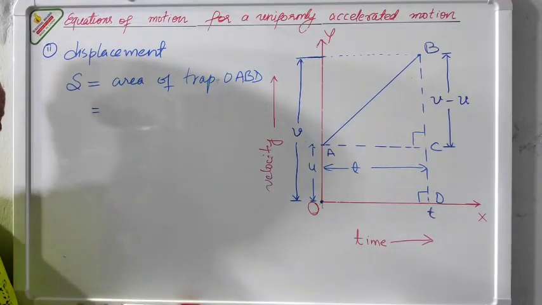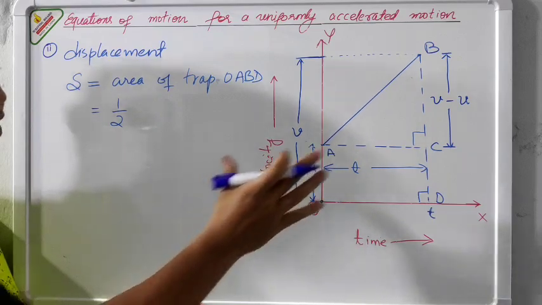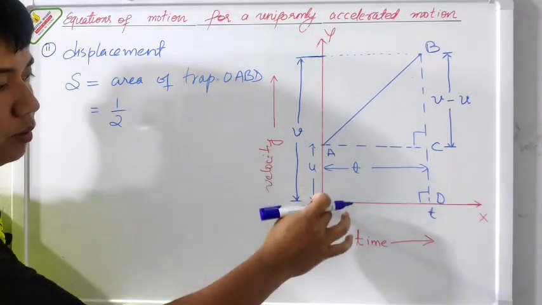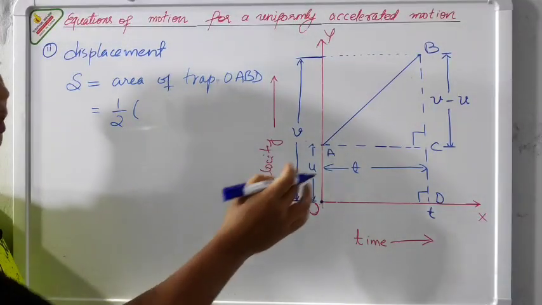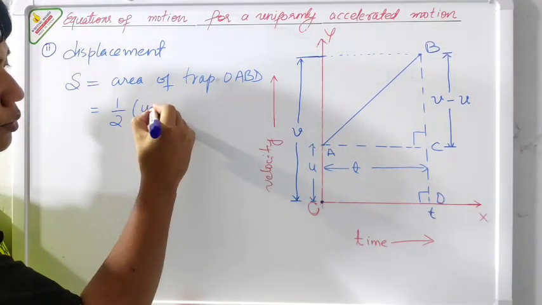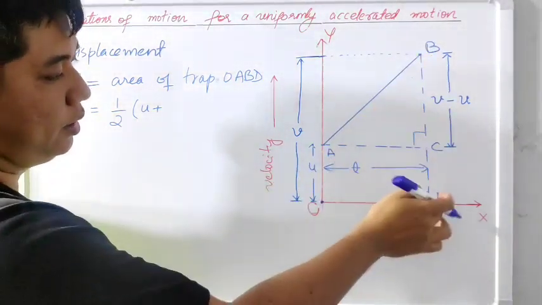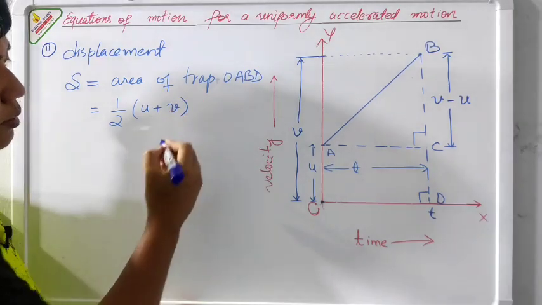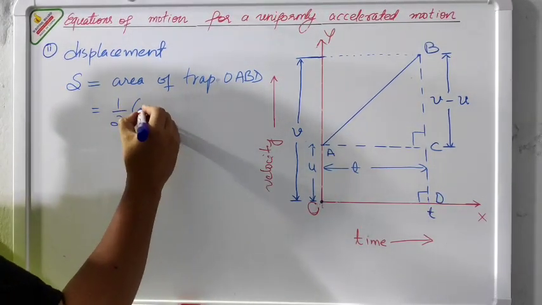Then what is the area of the trapezium here? It is half into the sum of the parallel sides OA and BD. OA is u and BD is v. Let me write the formula first.